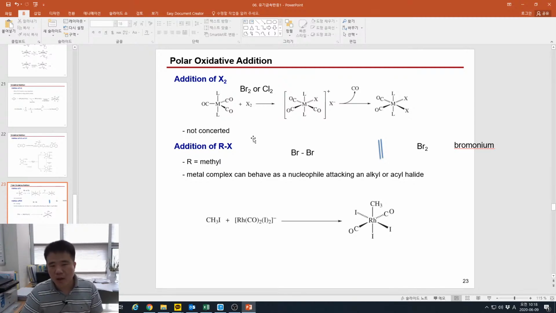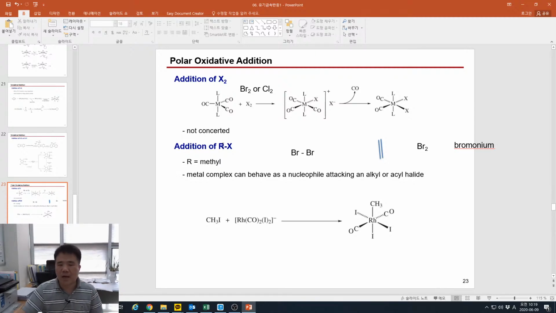So the transition metal attacks the bromine and a bromide is kicked out, giving a 6-coordinate transition metal complex, and then carbon monoxide is kicked out and bromide comes in to make the final product. If we look at this compound, it looks like the transition metal is inserted between the XX bond, but the mechanism is not a 3-center concerted mechanism. The mechanism is step by step, so not concerted.